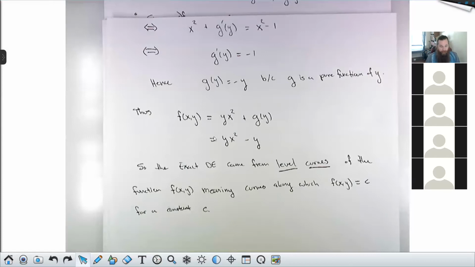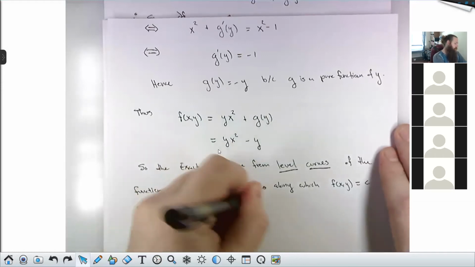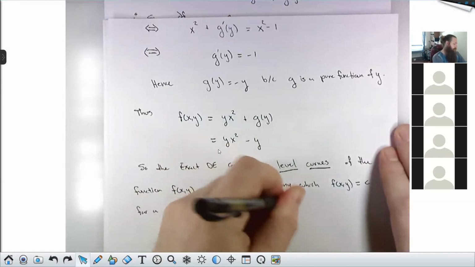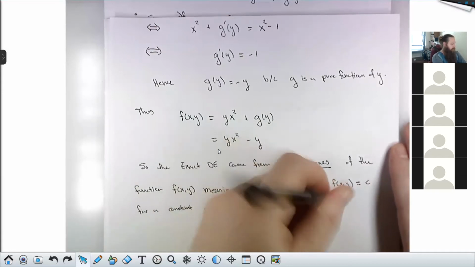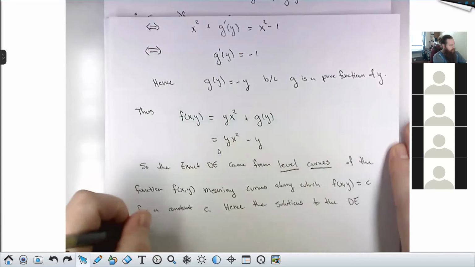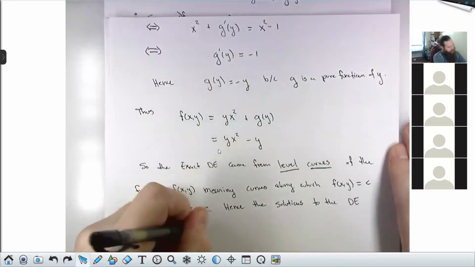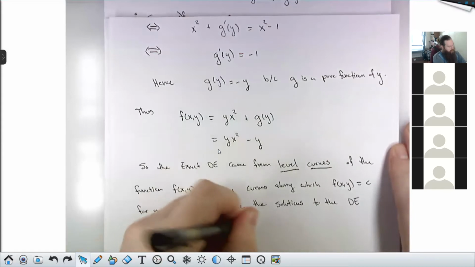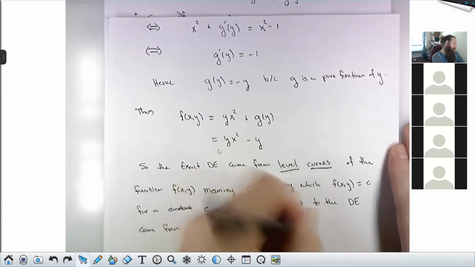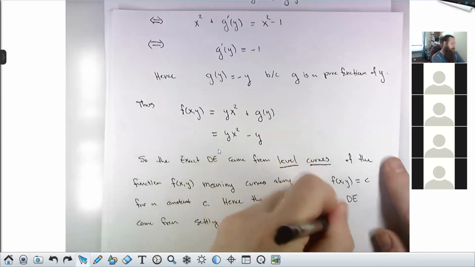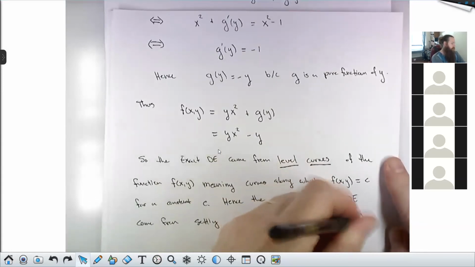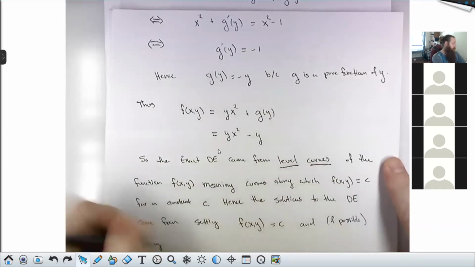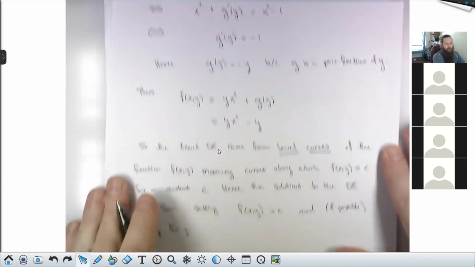So the solution to my differential equation is going to come from setting this function equal to a constant and then, if possible, solving for y.